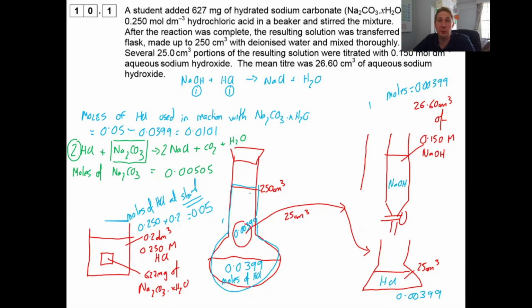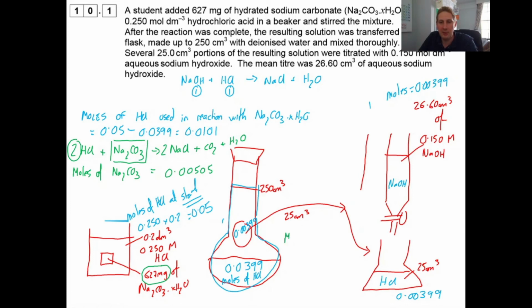From this point we've got a few options, but what we can do is work out the relative formula mass of the sodium carbonate .XH2O. We know that we had 626 milligrams of it, and we know the number of moles of it. I'm going to work down here.